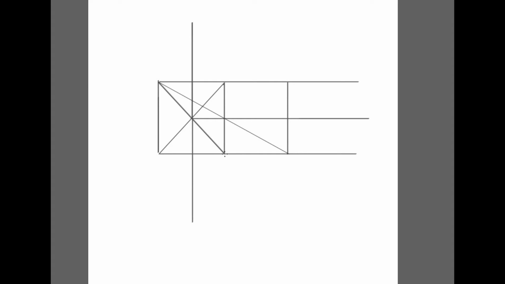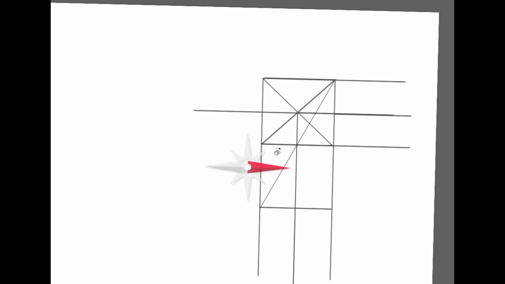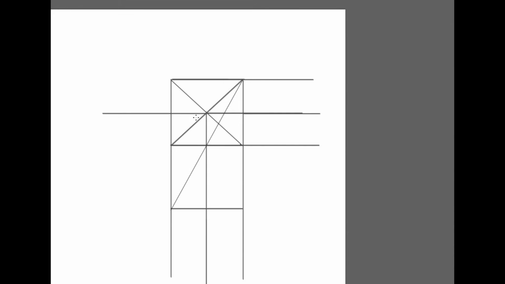But what we could do is continue the grid up in this direction, and then basically we're just spinning our canvas and doing the exact same thing. So here is 10:30, here's 3 o'clock, and there's the next one.